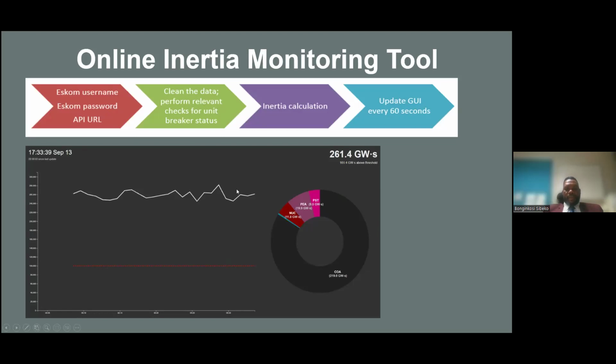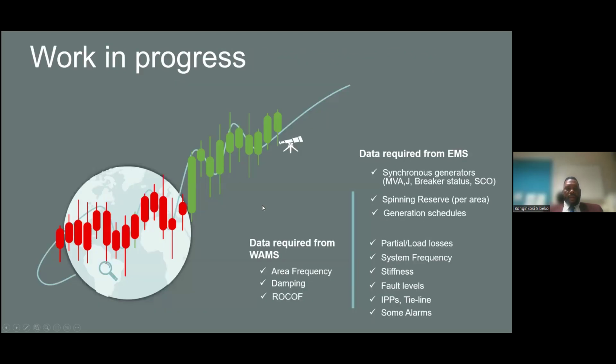what it is in real time. So, work in progress: from the PMUs or from the WAMs, we need to have area frequency. So frequencies are not the same. Whenever there's a disturbance, frequency will never be the same on the system for a short period of time. Then we get damping from PMUs. We can also get rocof from PMUs. Then from the energy management systems, we can get the synchronous generators.